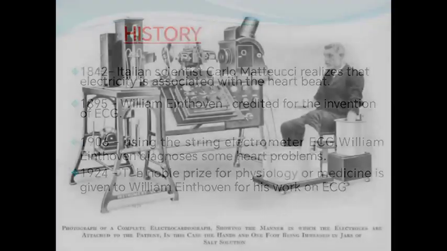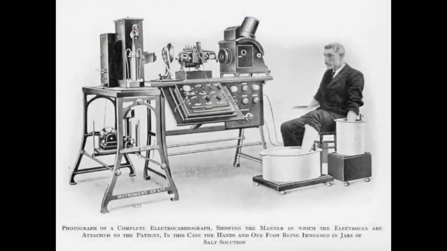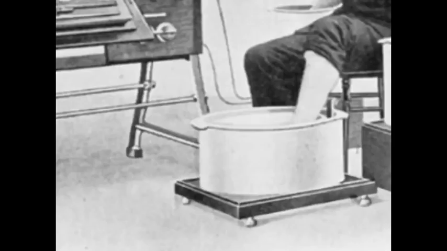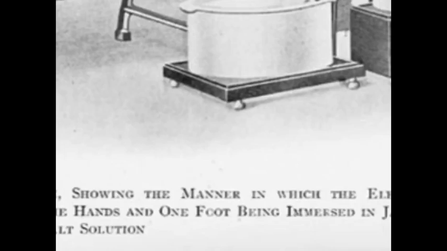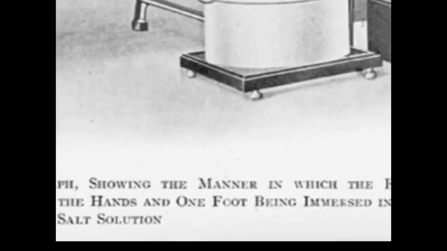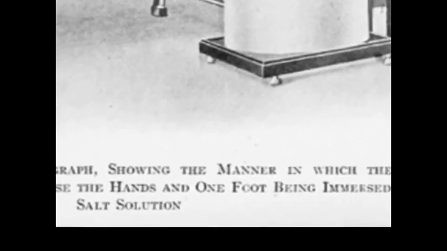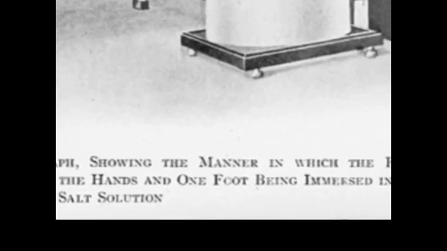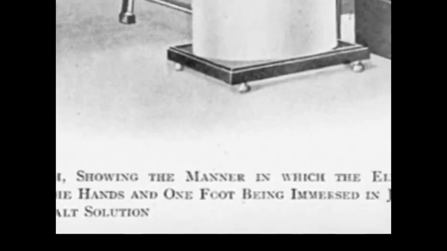We will see here, this is the first ECG machine. It is a very bulky machine. If you see this man, his arms and legs were in this container here, which works as electrodes, with one foot immersed in a jar of salt solution.